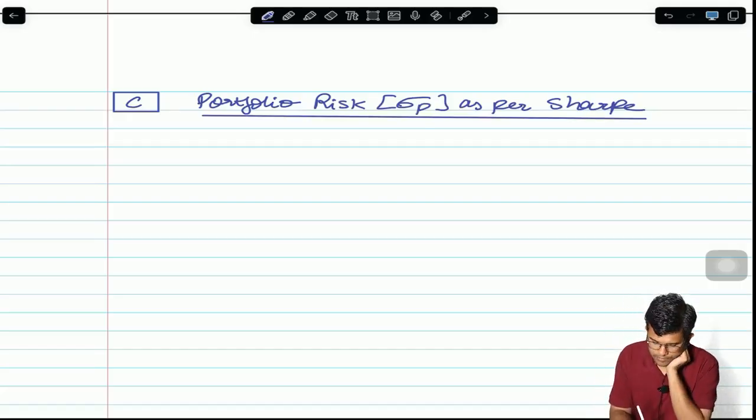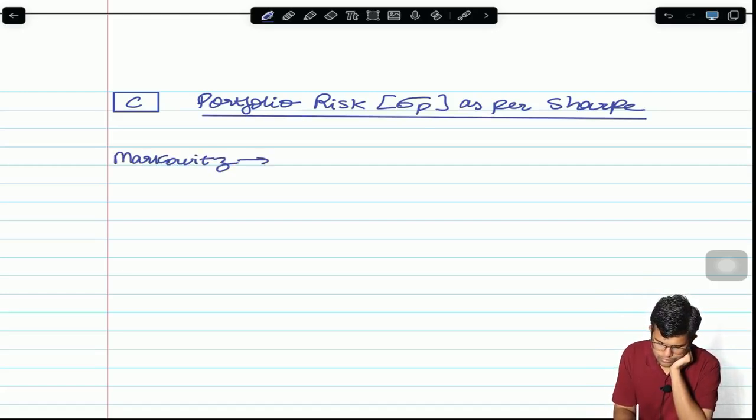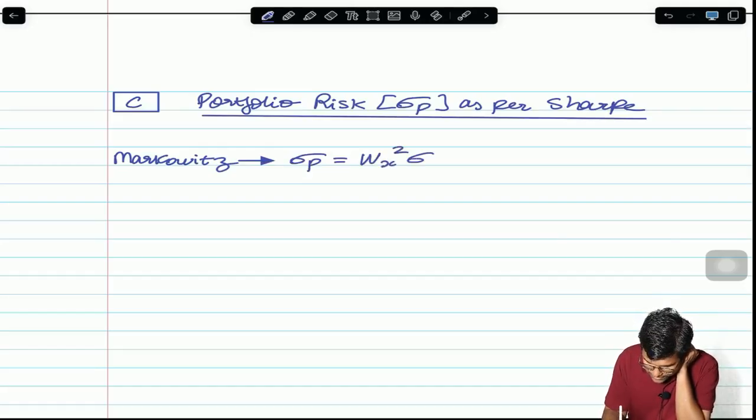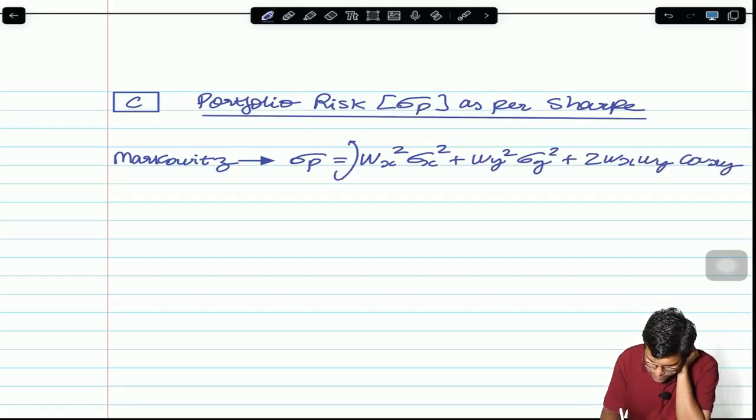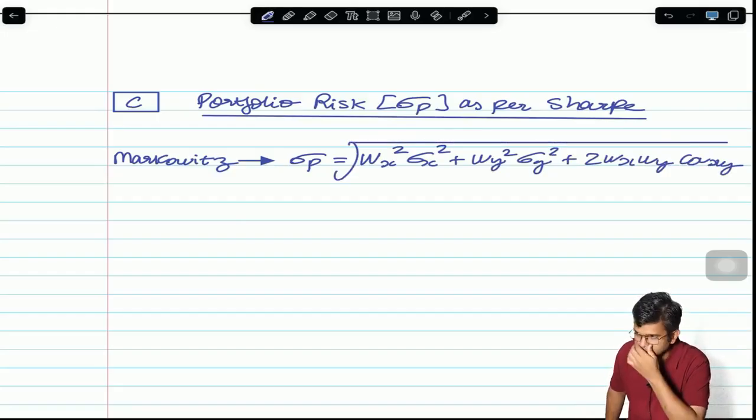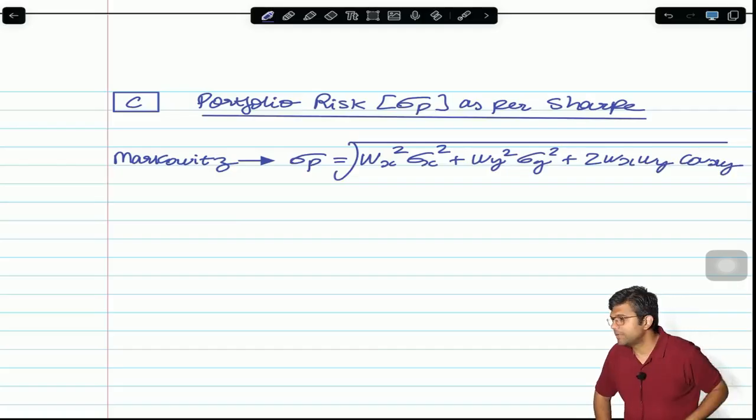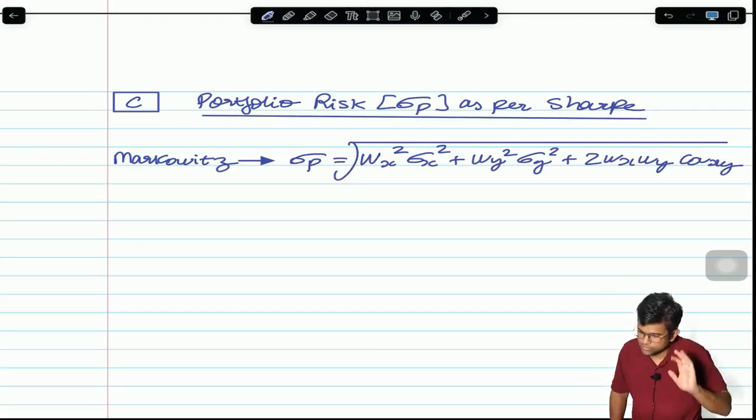Do you remember Markowitz? He said sigma p is equal to the whole under root of wx square sigma x square plus wy square sigma y square plus 2 wx wy covariance xy. Instead of covariance, you can also write sigma x into sigma y into rxy. Everybody clear? That is the formula of sigma p we have been using since long.